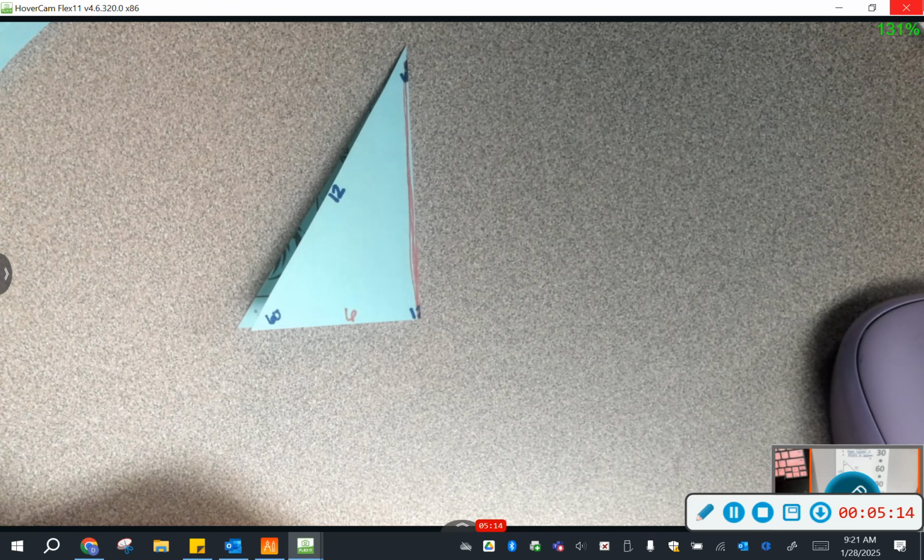How do we find the side of a missing triangle? I'm looking for a vocabulary word.